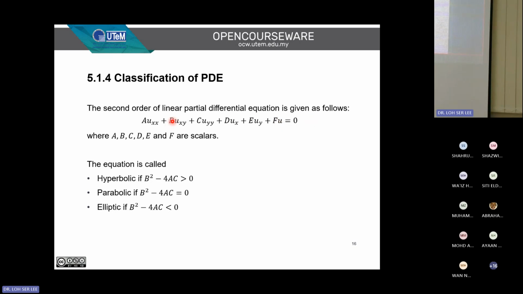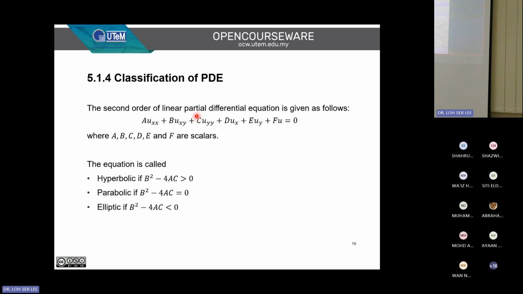Okay, and what is B? B is taken from the coefficient of the mixed derivative xy. This is xx, this is yy. The value of B you take from the coefficient of the mixed partial derivative.